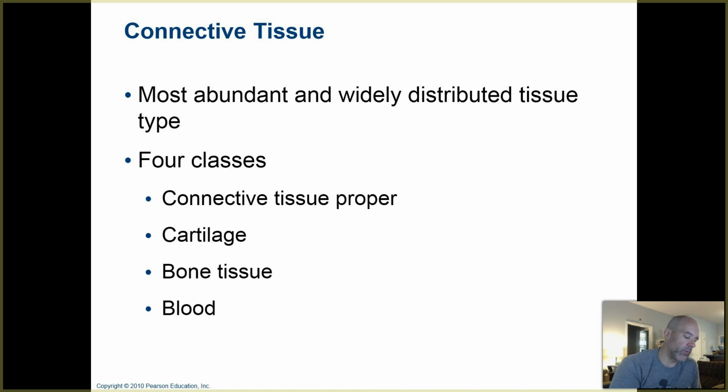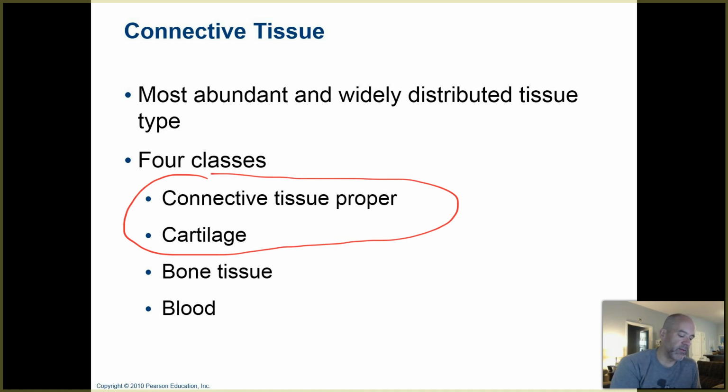The two that we'll cover the most here in Unit 2 are called connective tissue proper, and there are several different subtypes of that, actually. And then there are the cartilages. There actually are 3 different subtypes of cartilage. I'm only going to expect you to recognize one of those, though, for the anatomy test. Bone tissue is a type of connective tissue.